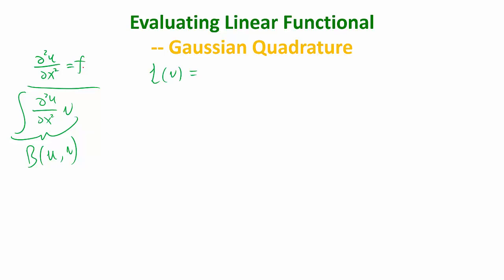It becomes the linear functional, because if you integrate f times v, it is only involving v, it doesn't involve the solution u. So it is a linear functional. Okay, you know the difference? The difference is one involves both solution and the test function, the other only involves the test function. The bilinear form is later going to become a matrix vector product. The linear functional is later going to become just a vector, a constant vector. Right, because it doesn't involve the solution.